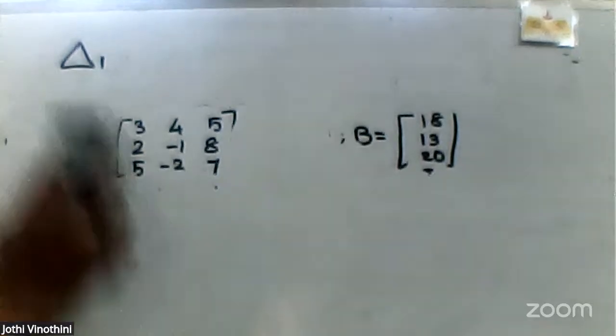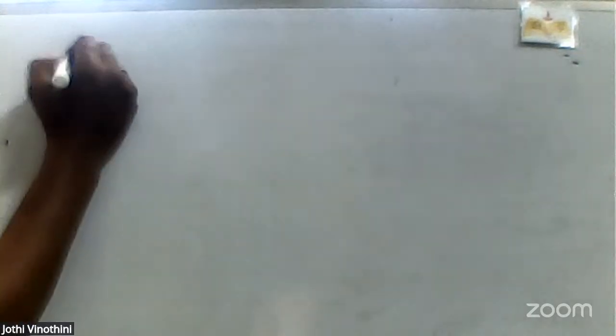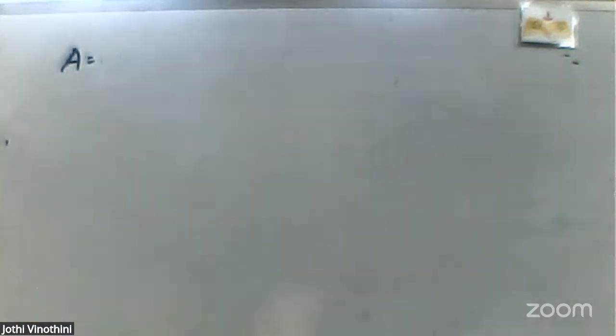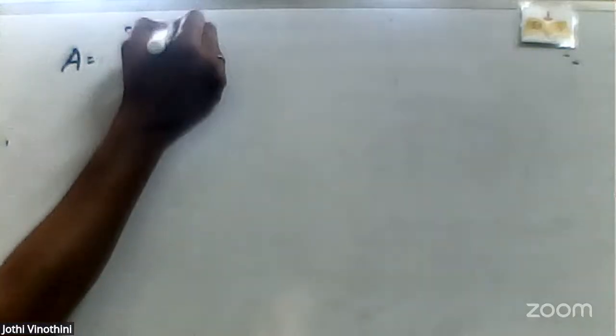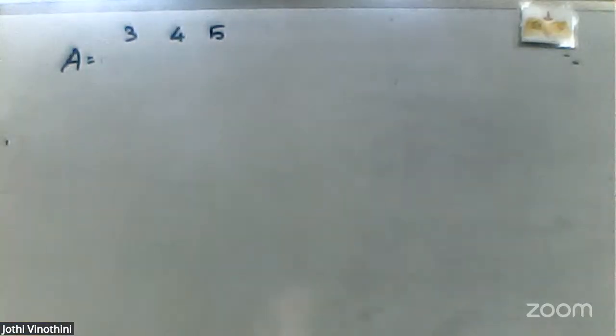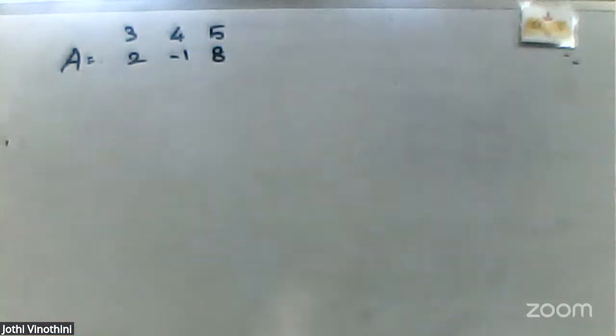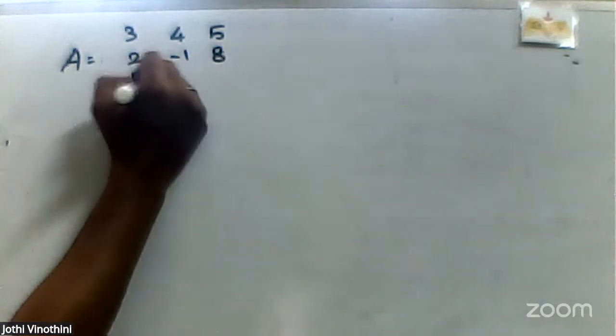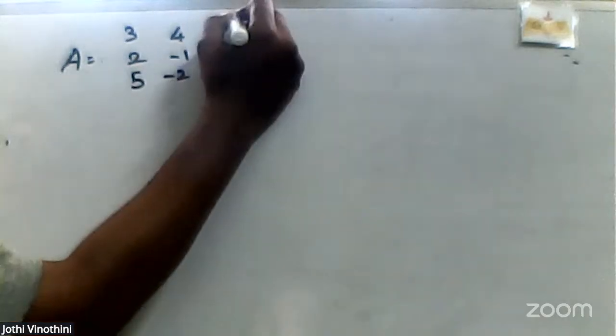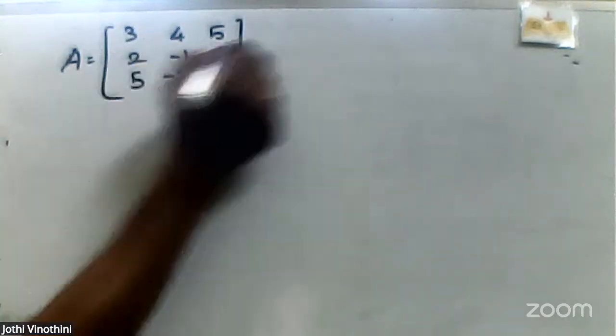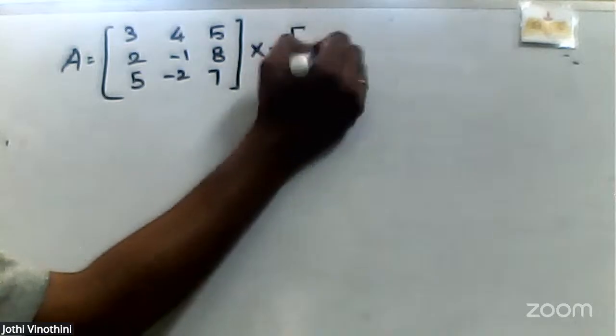I'm just going to write all the matrices above so that we can refer. A equals 3, 4, 5, 2, minus 1, 8, 5, minus 2, 7. And x equals x, y, z.